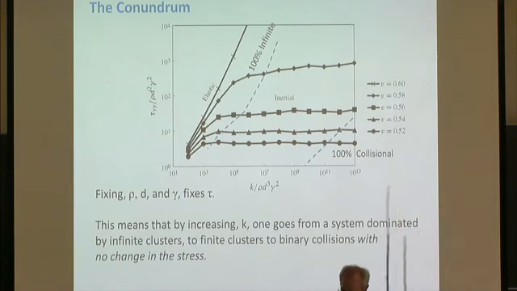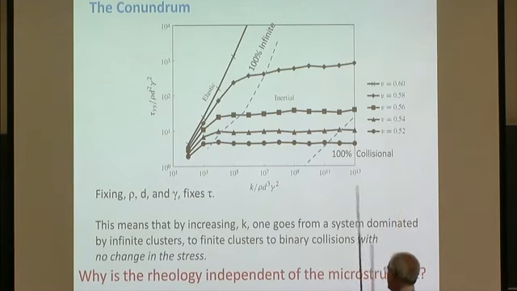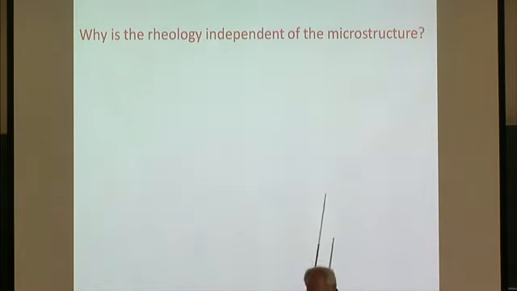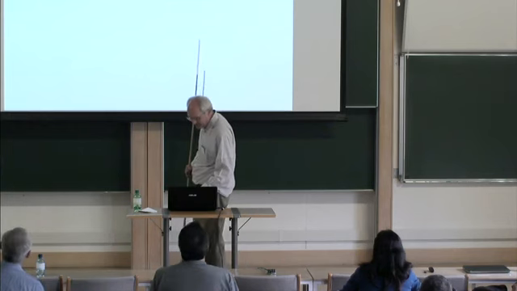So the question becomes, why is the rheology independent of the microstructure? Because that's not what we're told, right? The microstructure is supposed to be important. So that's the first question.